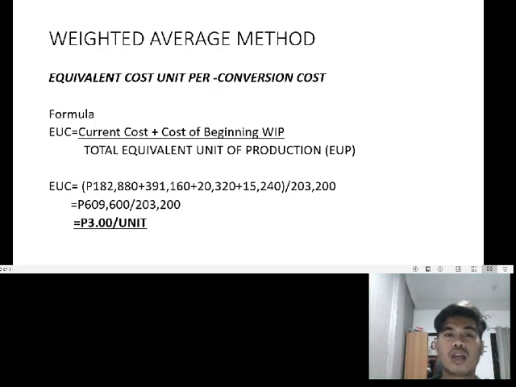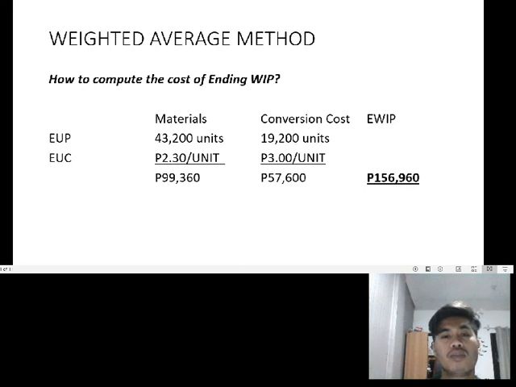So to compute the ending work in process under weighted average method, ganito lang din. Copy mo lang yung EUP for materials and the conversion cost kasi pareho lang yun. I-times mo dun sa EUC, the equivalent unit cost na 2.3 for materials and 3 pesos for conversion cost. So yung total niya is nasa 156,960.